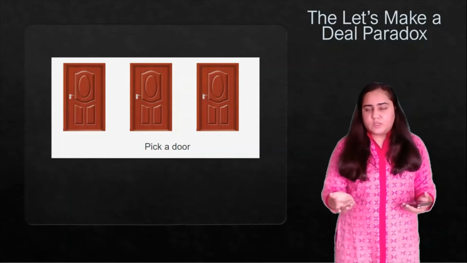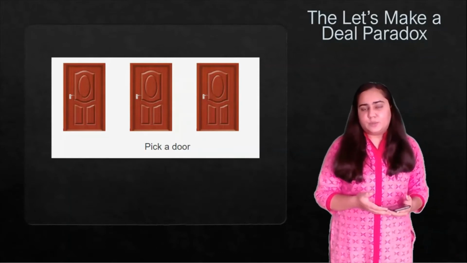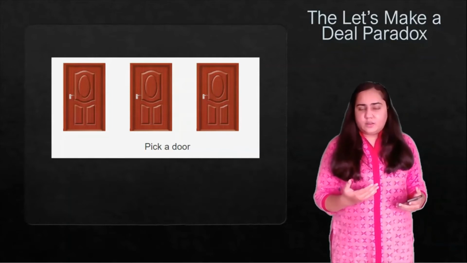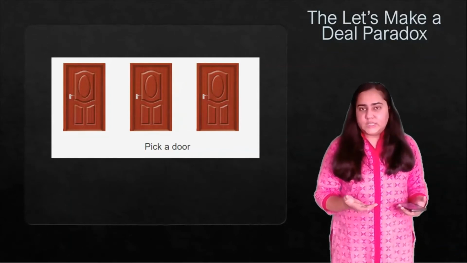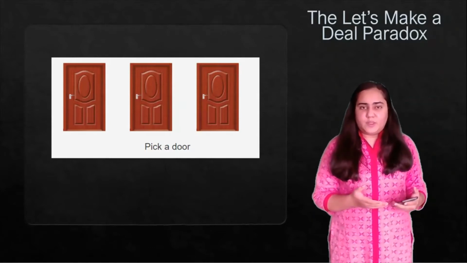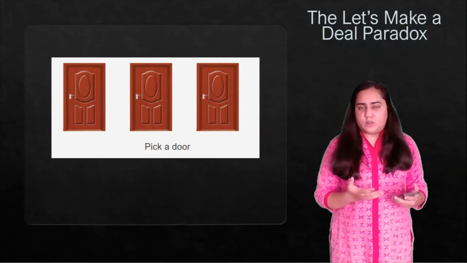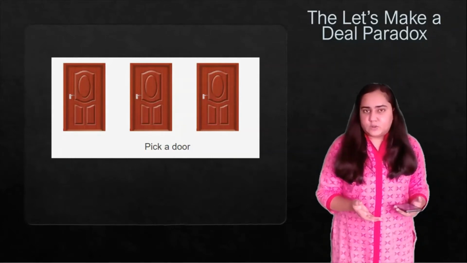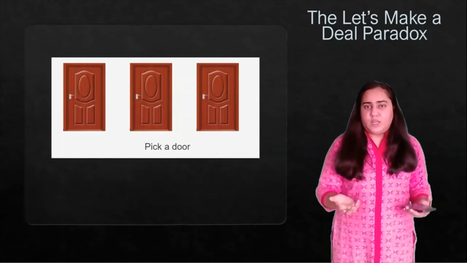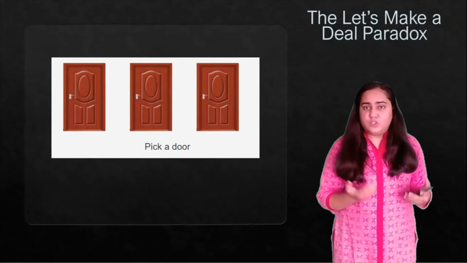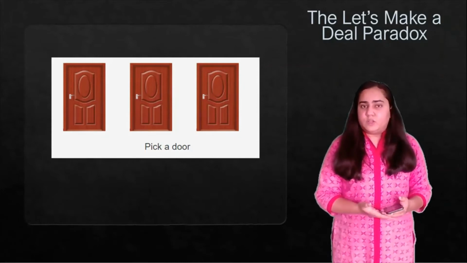There are 3 doors, and the person has to pick one of the 3 doors. Now, behind one of the doors, there's a very nice gift. Something very attractive, a good gift behind one of the 3 doors, but only behind one of the 3 doors. The other 2 doors do not have anything. So that was the game, and the person has to just come and choose one of the 3 doors.